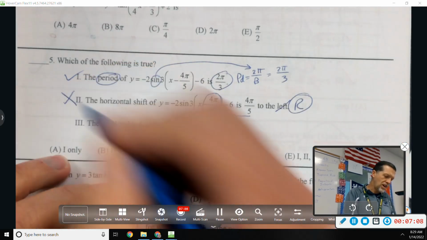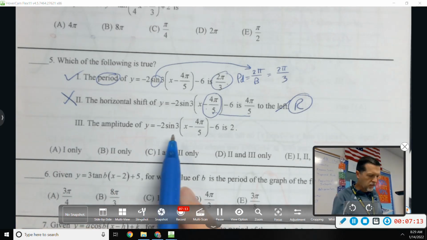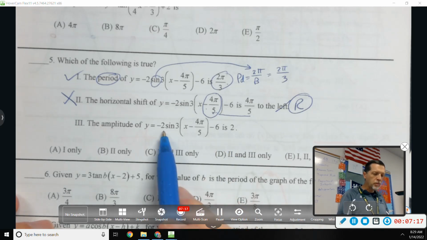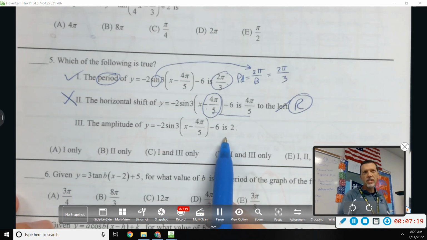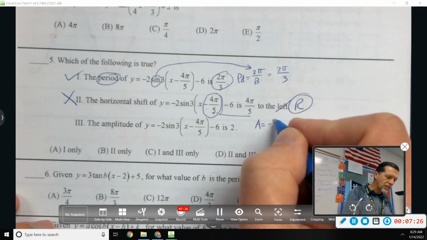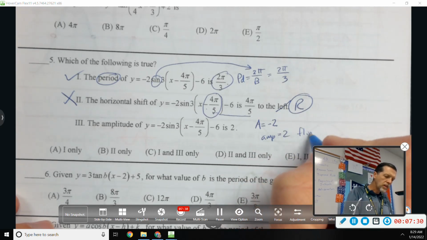So 2 is not right. And the amplitude of this sine wave is 2. That is true. There's a negative 2 out there, but amplitude is always positive. Okay? So this is kind of weird because, yes, A is negative 2. That means the amplitude is 2 and it's flipped.